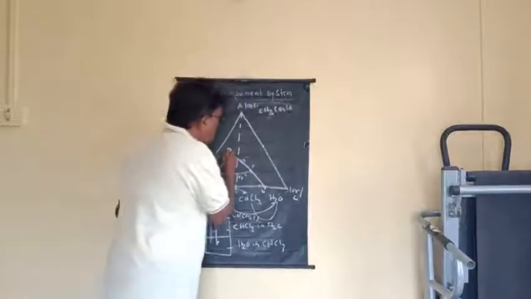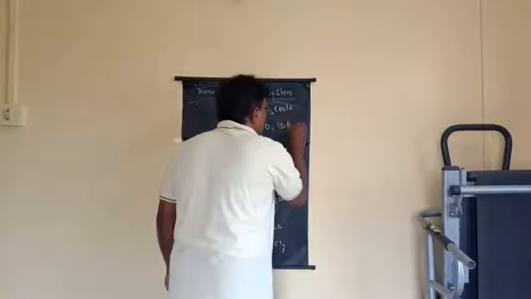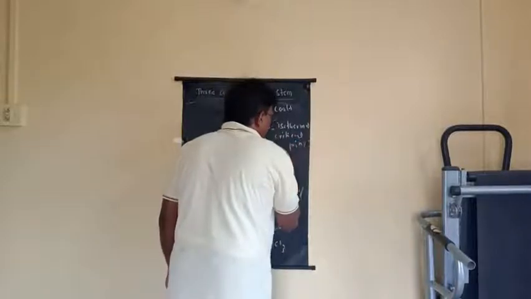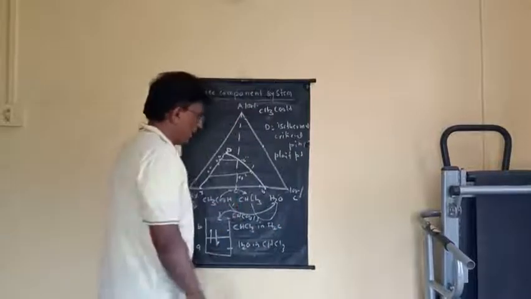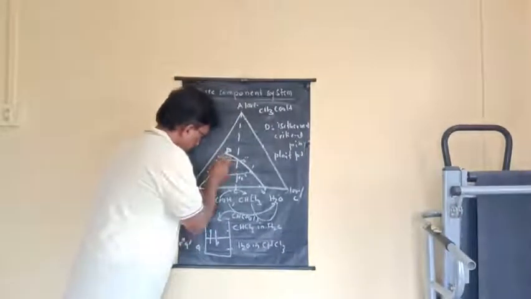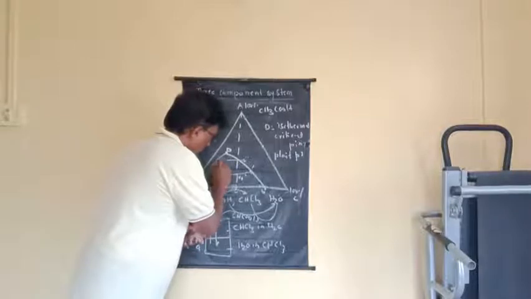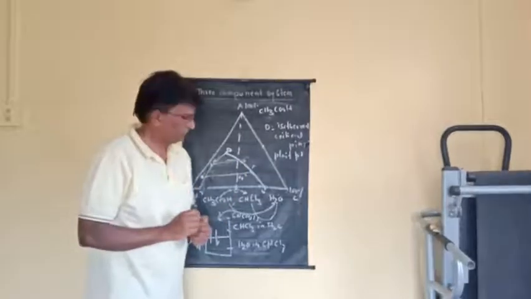Now this point D is called the isothermal critical point or Plait point.